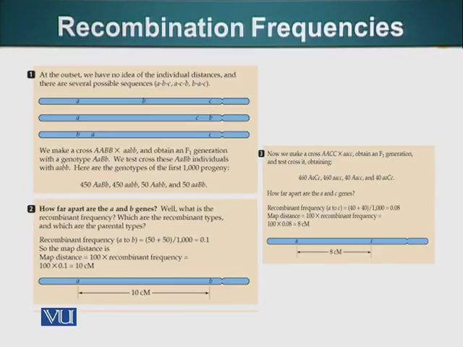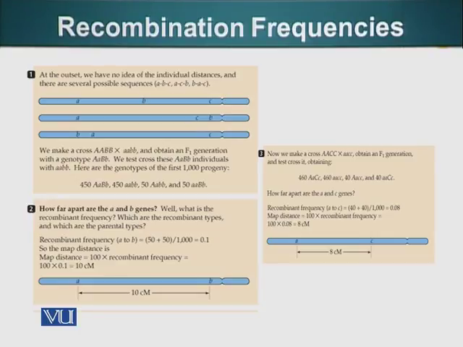Now let's take a hypothetical example. We have an organism with A, B and C genes. We cross this organism and determine the recombinant frequencies. First, we look at the recombinant frequencies between A and B genes. Here we have the data.